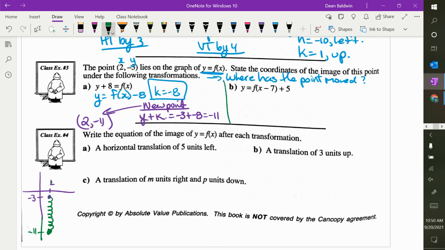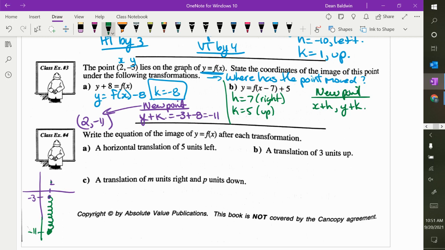B, what have we done? Okay, so our h value is 7, our k value is 5, so that means we went right and up. The new point coordinates, this is sort of a formula we're going to add to later on, will be x plus h, because your h value affects your x, and y plus k.